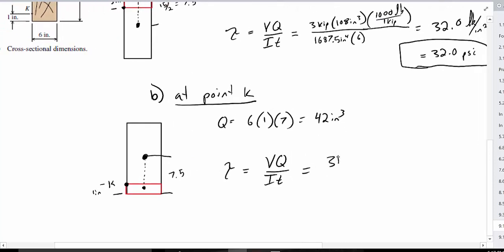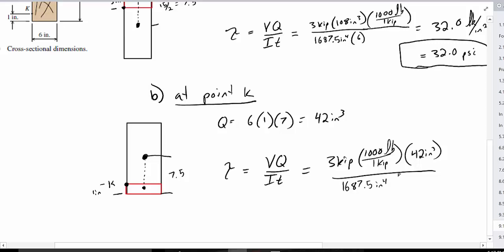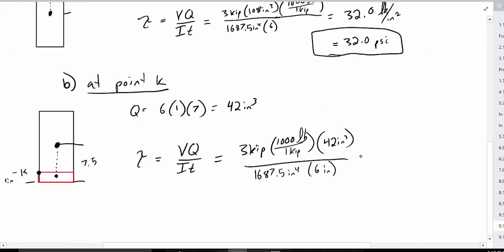So we'll say 3 kips multiplied to, we'll do our unit conversion, pounds per 1 kip, multiplied to our Q, which is 42 inches cubed, divided by our 1,687.5 inches to the 4th, multiplied to a thickness, which is 6 inches. And so the shear stress at point K, you should get 12.44, we'll just say PSI, pounds per square inch.